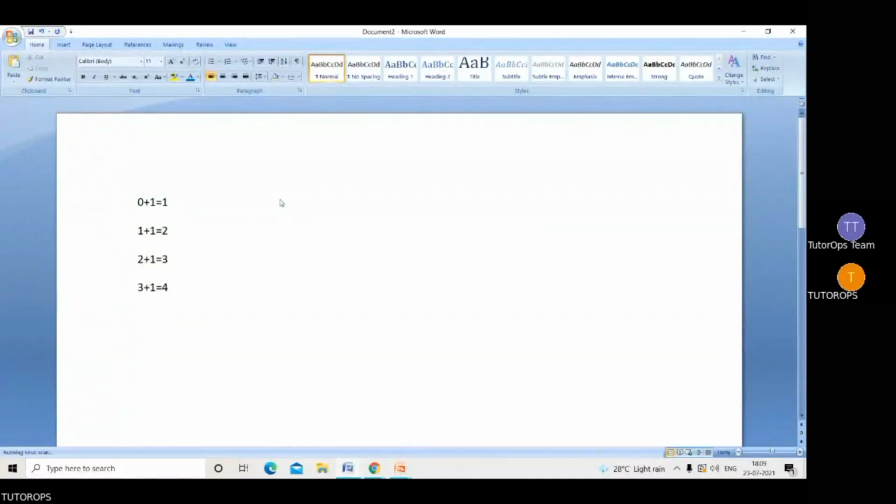And similarly, if we need to generate the number n, we may need to carry out how many steps? We may need to carry out n steps from 0. How can we go? We take 0 plus 1 as 1, then 1 plus 1 as 2, 2 plus 1 as 3, and then up to n minus 1 plus 1, which will result in n.